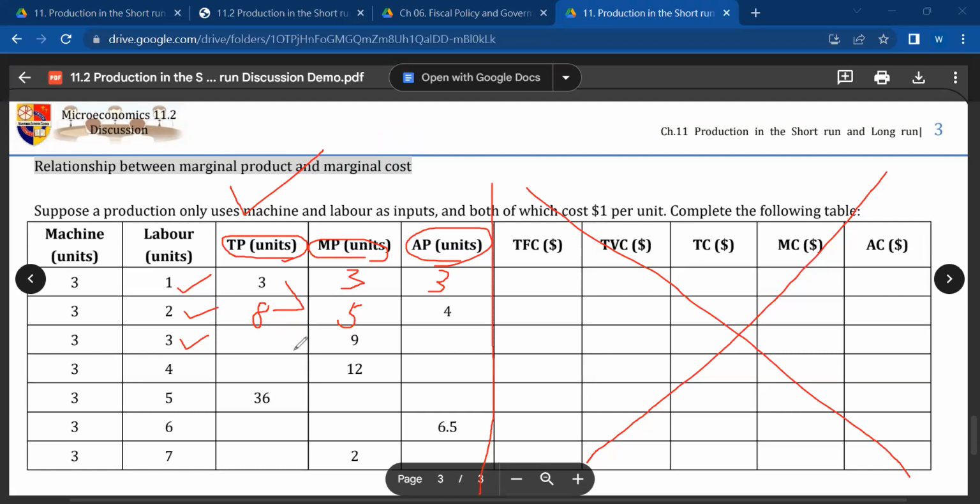Yes, how to get the answer of 17? When there are 2 neighbors, total product is 8, okay? But the third neighbor, he can do 9 units.